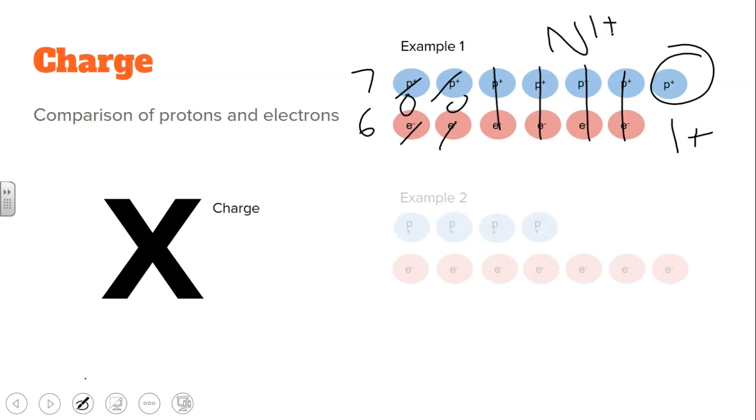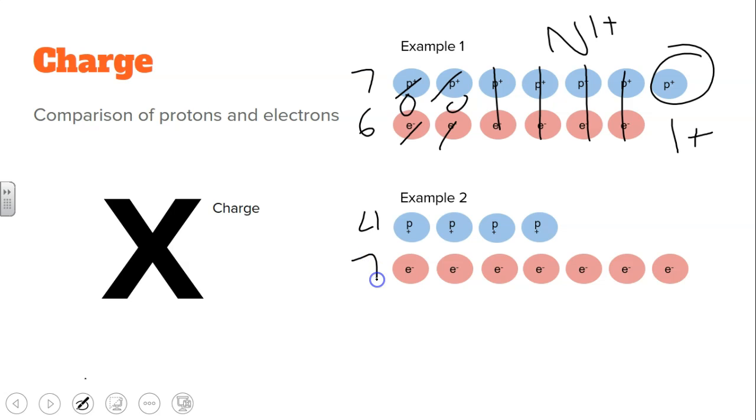Okay, let's do another example. Here we have 4 protons and 7 electrons. Again, cancel, cancel, cancel, cancel. We compare, and we have 3 extra negative charges: 1, 2, 3.